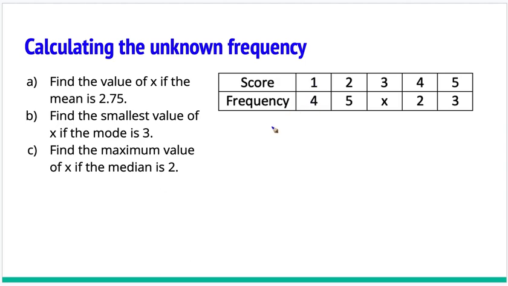So we have 1 times 4 is 4, plus 10, plus 3x, plus 8, plus 15, and this divided by the total frequency, which in this case is 4 plus 5 plus x plus 2 plus 3, and this equal to the mean.